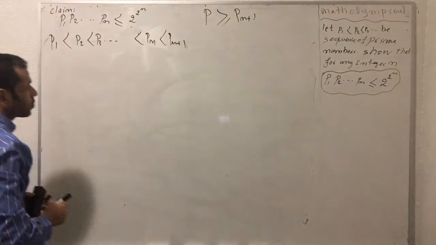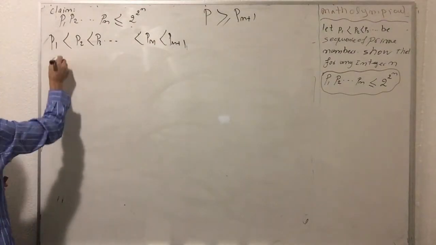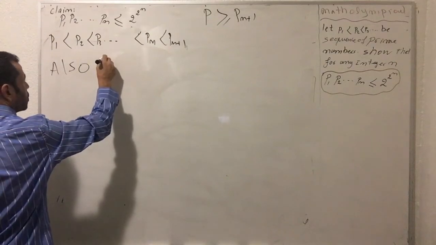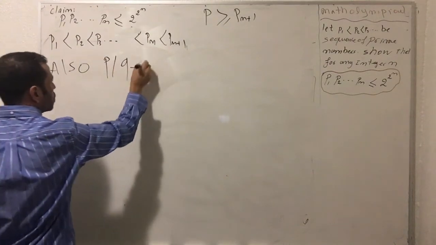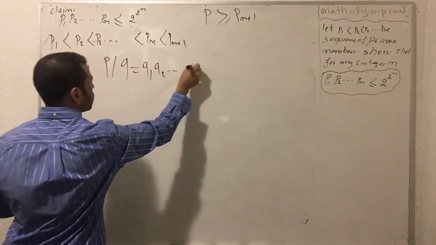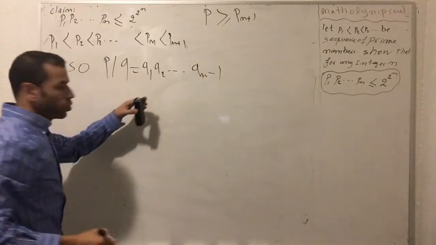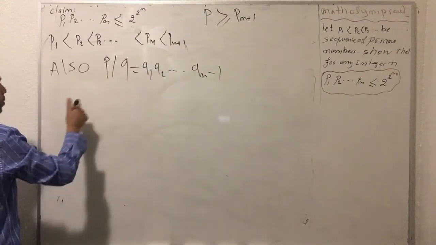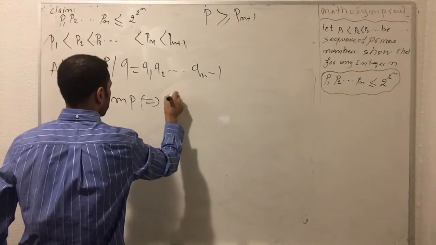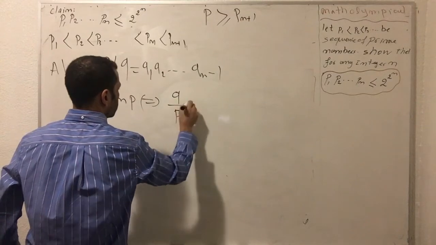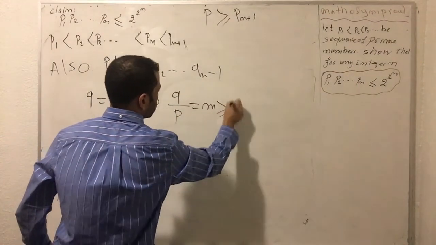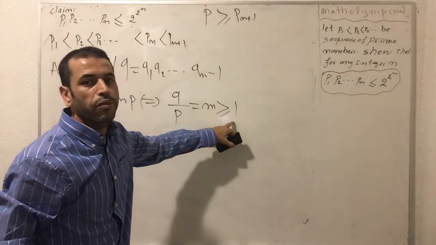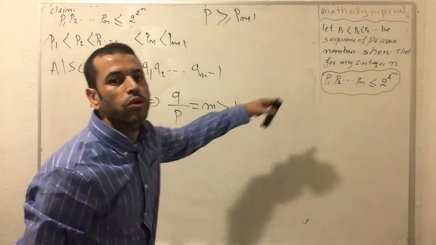Also, we know P divides Q, which is P1 through Pn plus 1. Since Q is a multiple of P, it is equivalent to Q over P equal to m greater than or equal to 1. At least you take the number 1; m could be 1, 2, and so on.